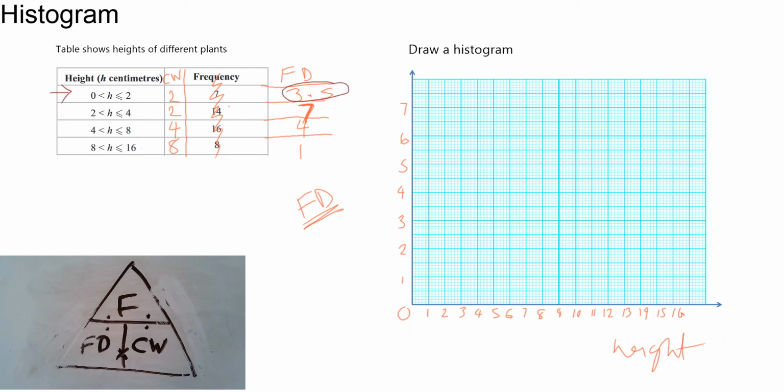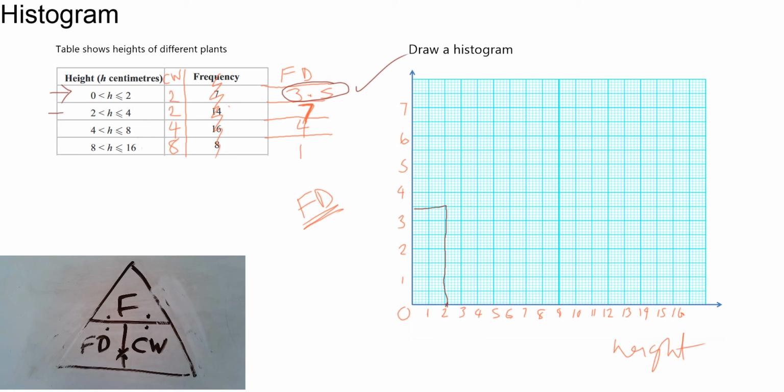So the width of the bar is going to go from 0 to 2, and it's going to rise to 3.5. So that's the first one done.